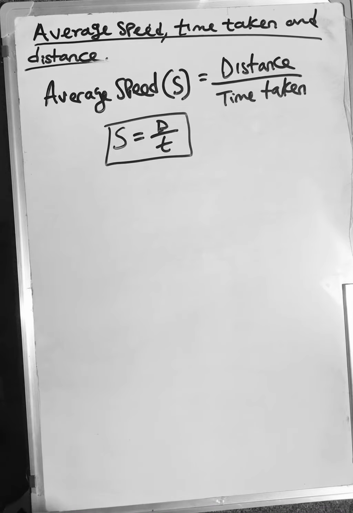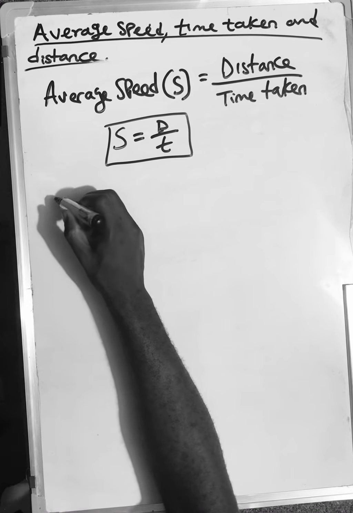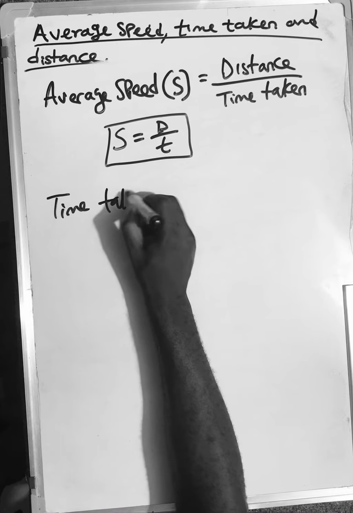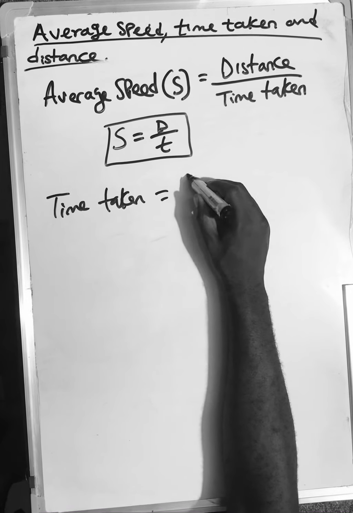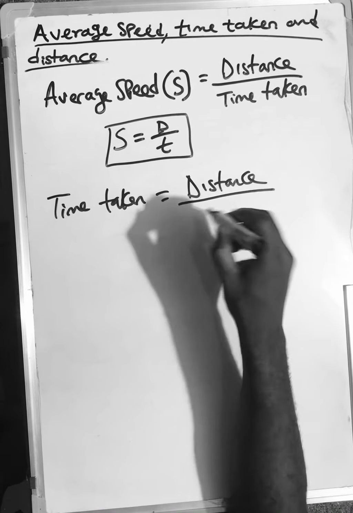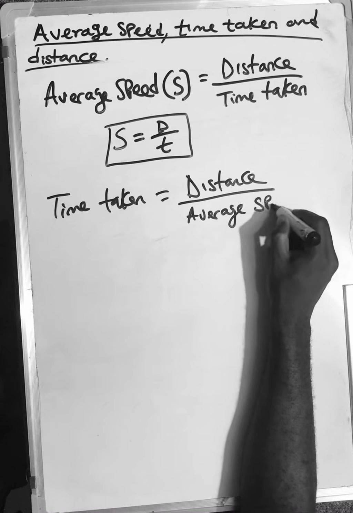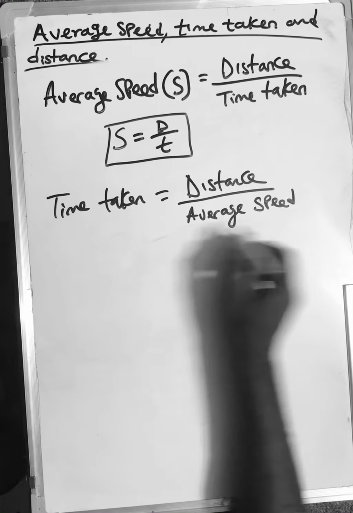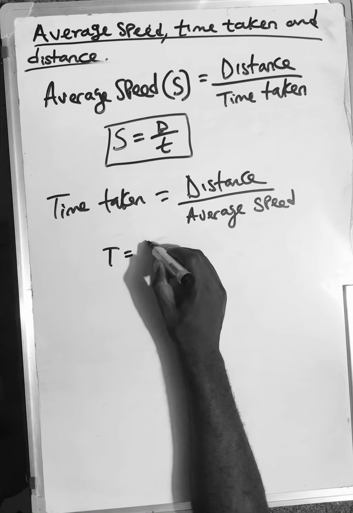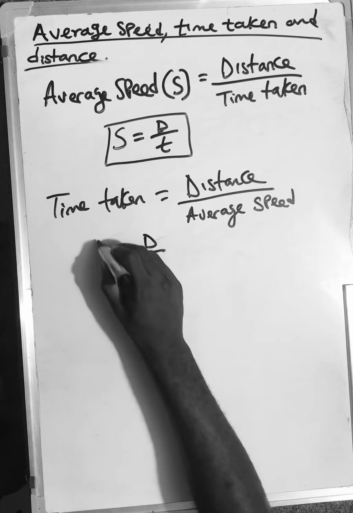Now when we want to calculate the time taken, the formula is distance all over average speed. In other words, T is equals to D over S.